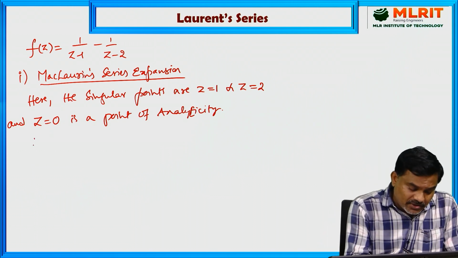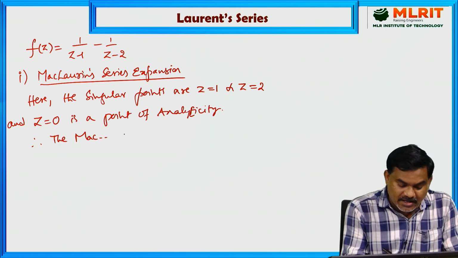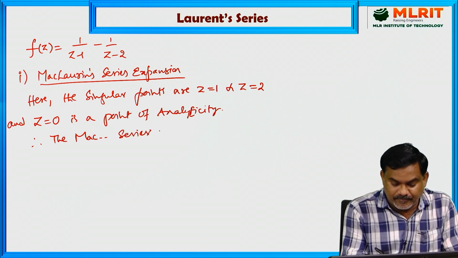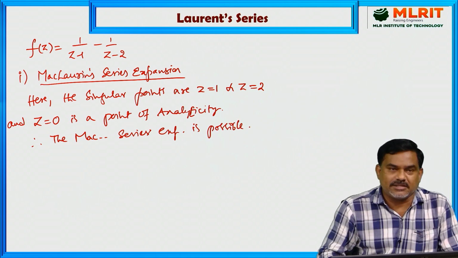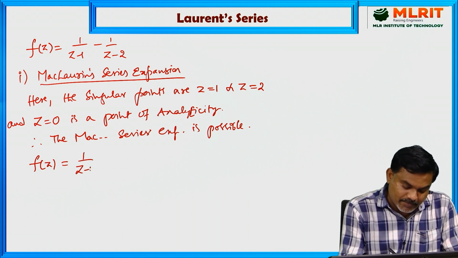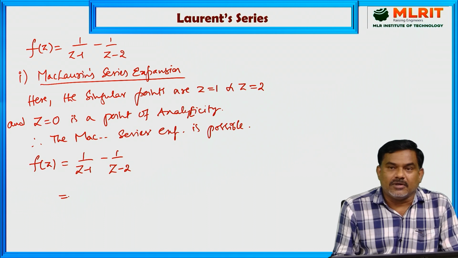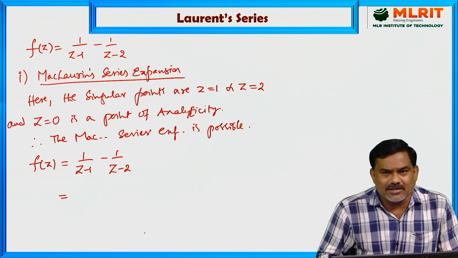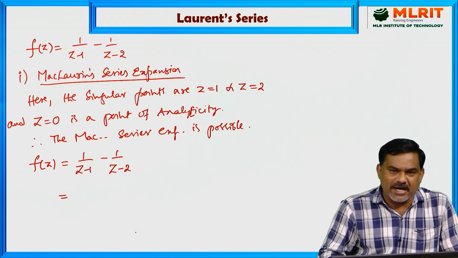So therefore the Maclaurin series expansion is possible. We can find out the Maclaurin series expansion of the given function. What is the given function? 1 by z minus 1 minus 1 by z minus 2. So we know how to find the Taylor's or Maclaurin series expansions. We use the standard known expansions.